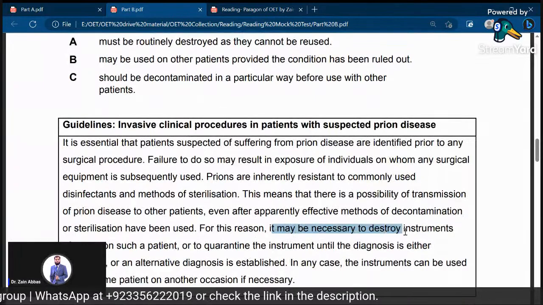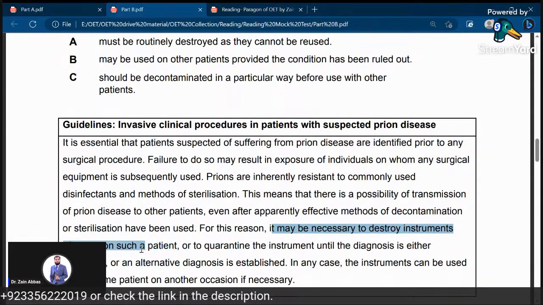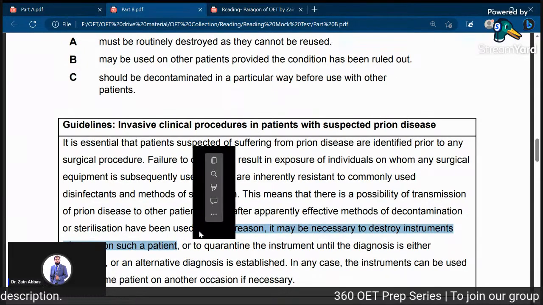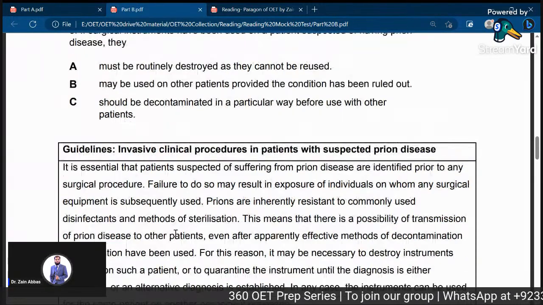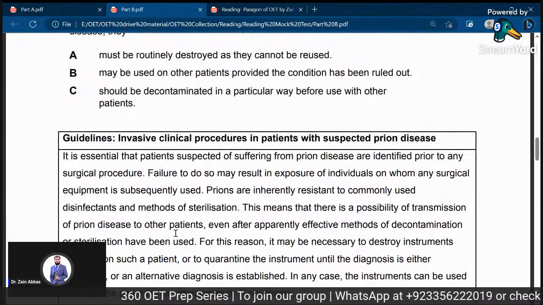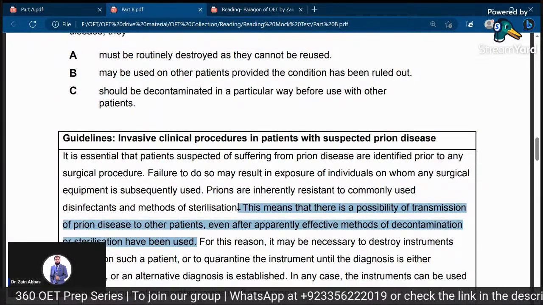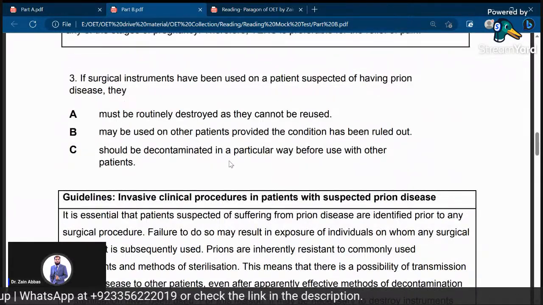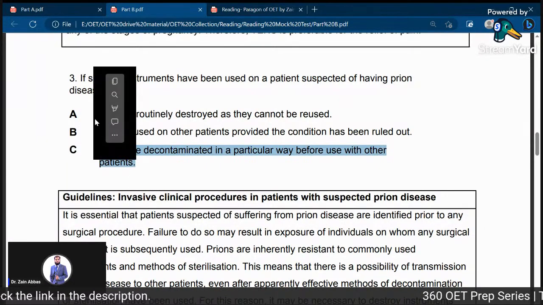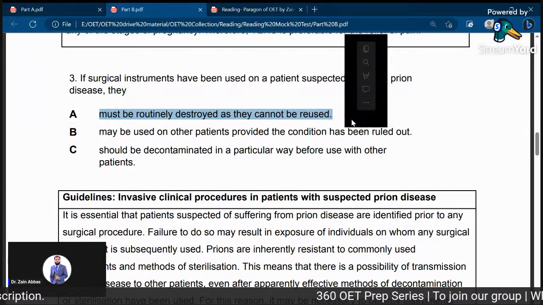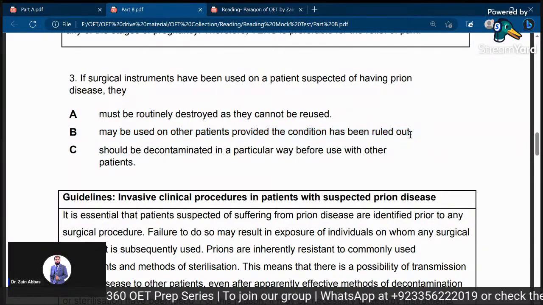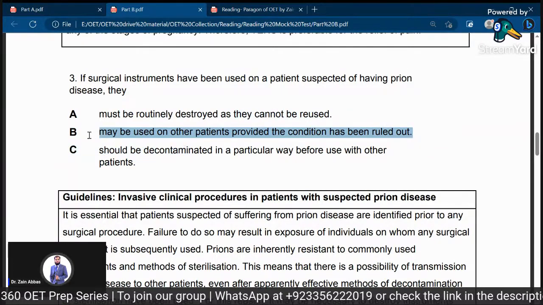It is necessary to destroy the instruments after use on such a patient, so destruction of the instruments indicates that it cannot be used in other patients. But we can study more if we are not sure about the option here. Should be decontaminated in a particular way before use with other patients. No, because it cannot be used. So option A is the best one here, but option B can also be like the correct one.